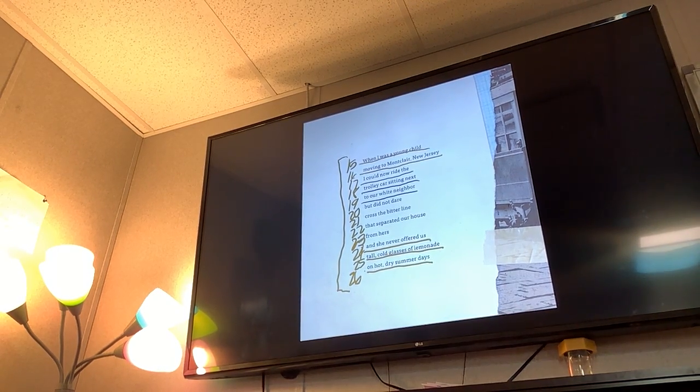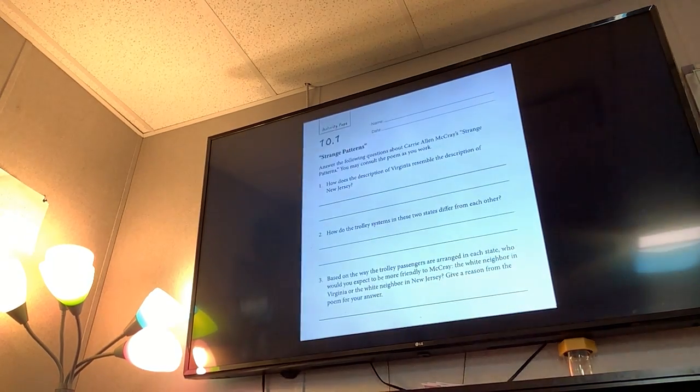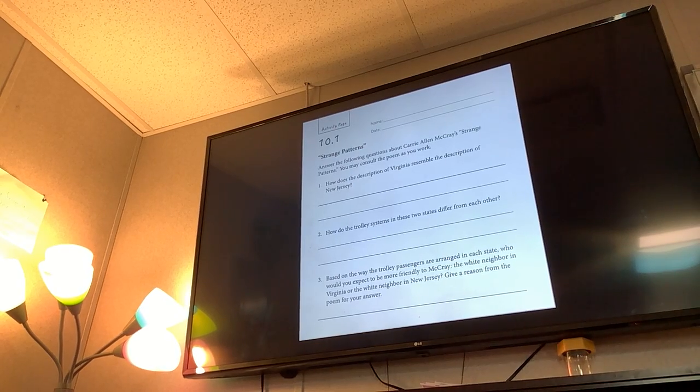So 16 and 17 says, moving to Montclair, New Jersey, I could now ride the trolley car sitting next to our white neighbor. Okay. So what's similar about both states? She had a what? A white neighbor. She had a white neighbor. So on number 1, you need to write, she had a white neighbor.